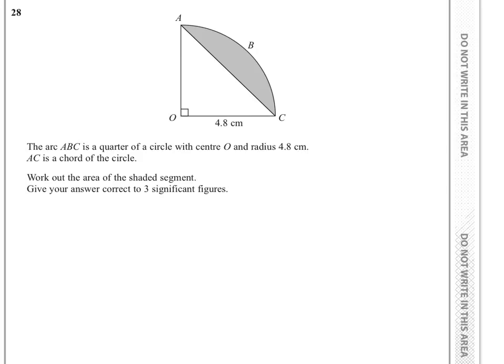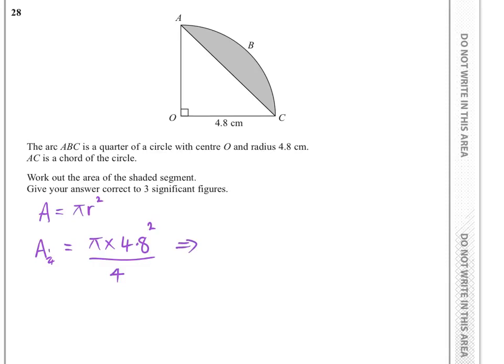So let's get going on finding the area of the quarter circle. And we know that the area of a circle is pi r squared. So we know that the area of the quarter circle is going to be pi times the radius, in this case 4.8 squared, but we want a quarter of it. Okay, and I'm going to use that calculator now.